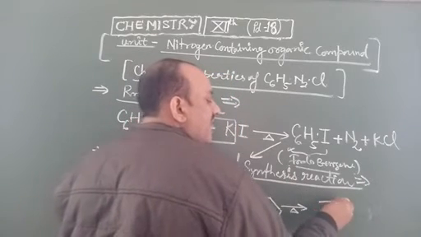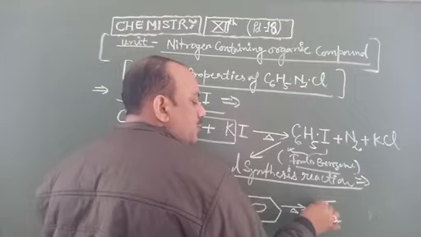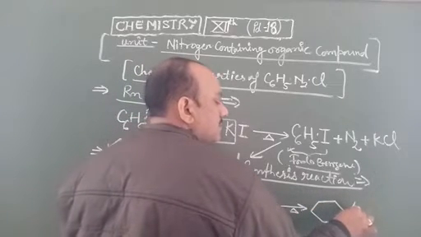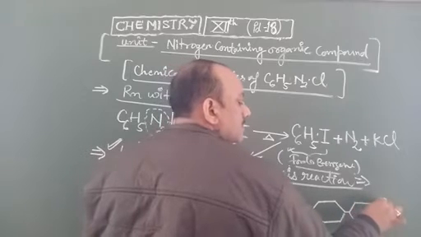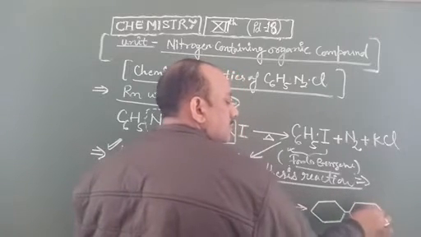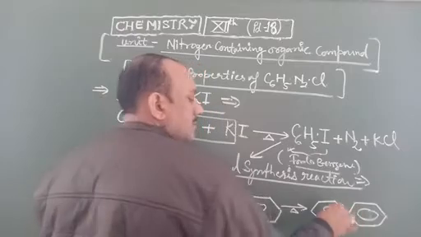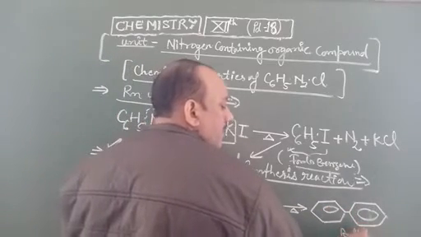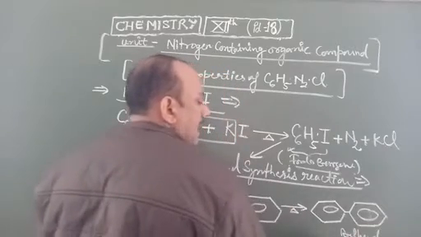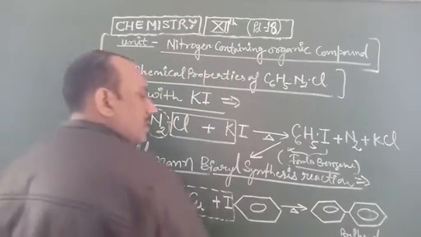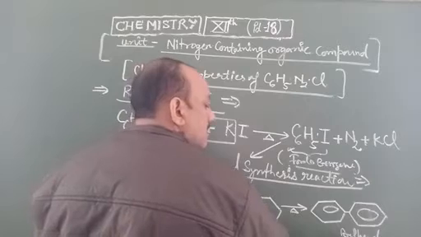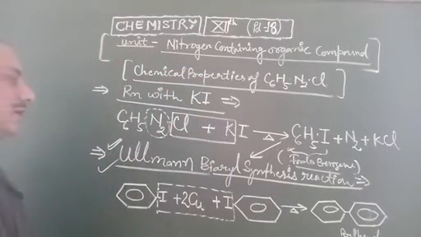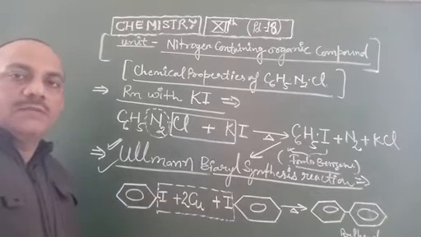The structure of biphenyl is the conjugation of two aryl rings or benzene rings. Biphenyl. This is the concept of the Ullmann reaction.